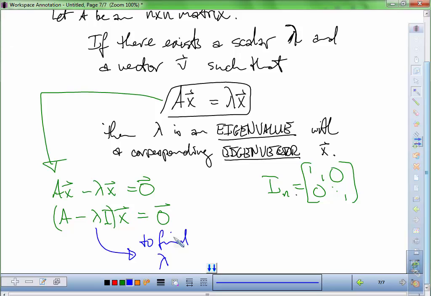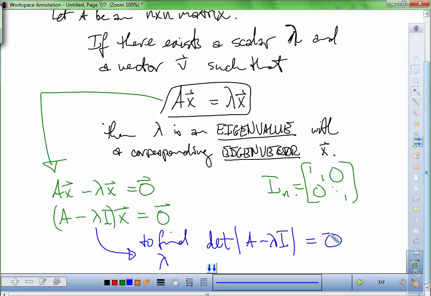And to find lambda, you know that A minus lambda I is actually a matrix. And so if we take the determinant of that matrix, what we should have is a scalar, and the scalar will end up being a polynomial. So we take the determinant of this and set it equal to 0.